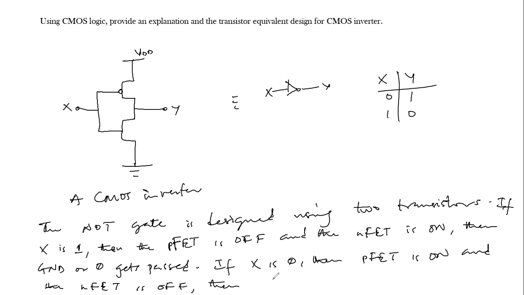Then VDD or 1 gets passed, because here we now have a short circuit. So it's as simple as that.